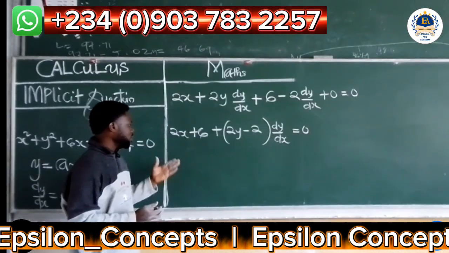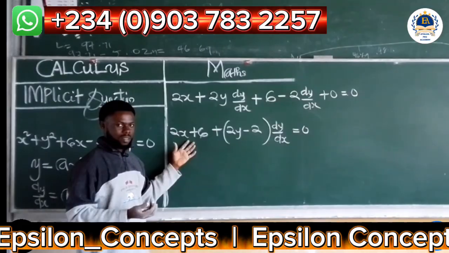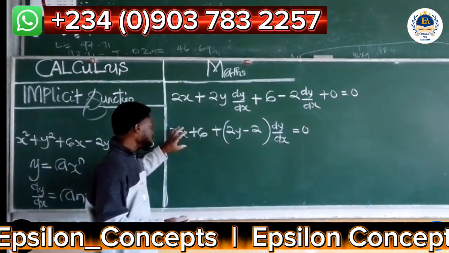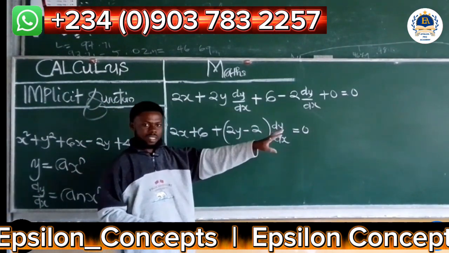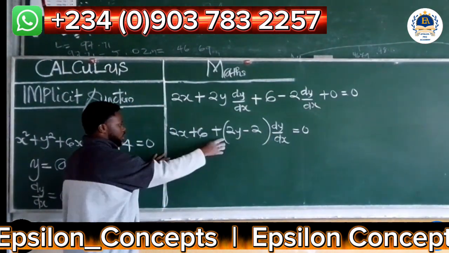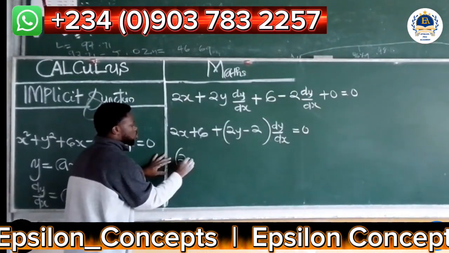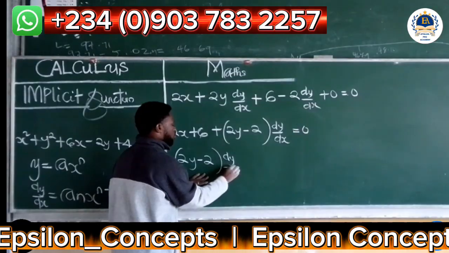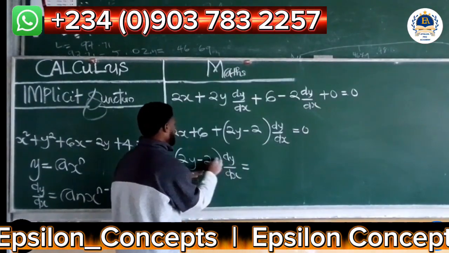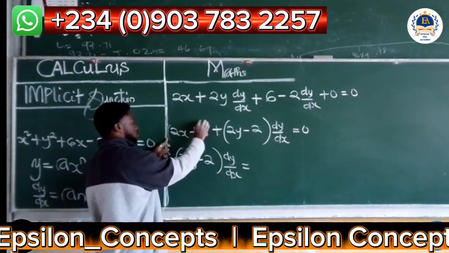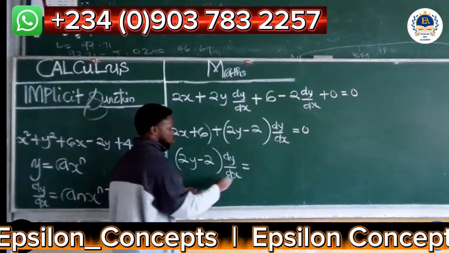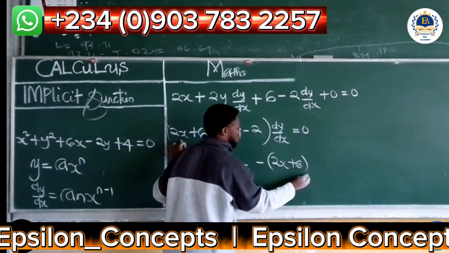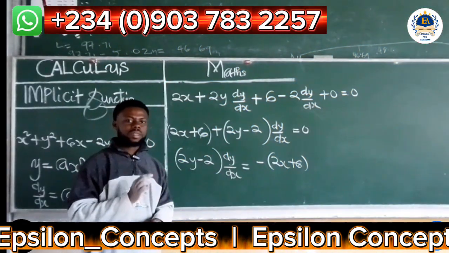Now we observe that this is the derivation from the x terms, while this is the derivation from the y terms. So let us move this over to the right hand side. 2y minus 2 dy over dx is equal to, when you move this over to the right, minus 2x plus 6.